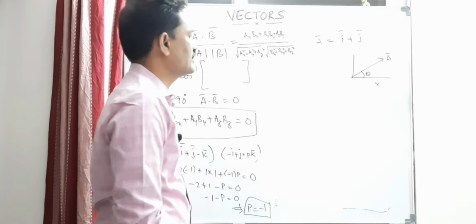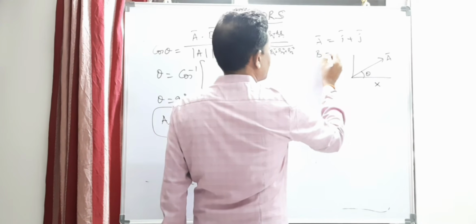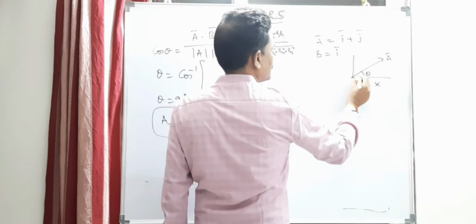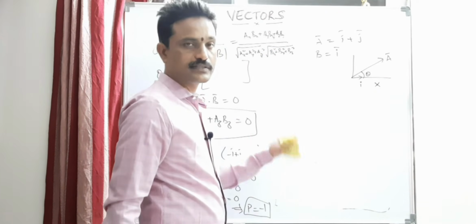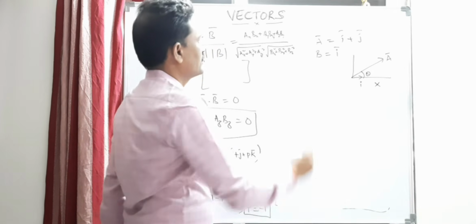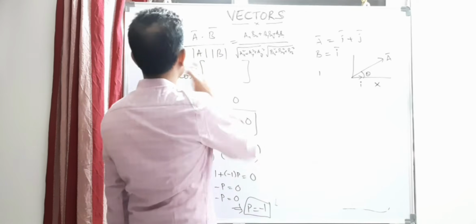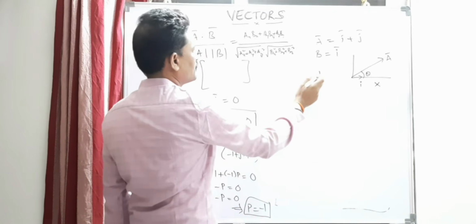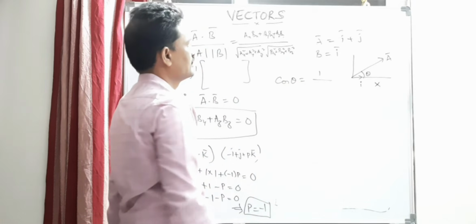The second method is, here x-axis can be taken as the vector i. We know that unit vector i is existing on x-axis. Now a dot b, that is i dot i, is 1. The formula cos theta is equal to a dot b by mod a mod b, that is a dot b is 1.